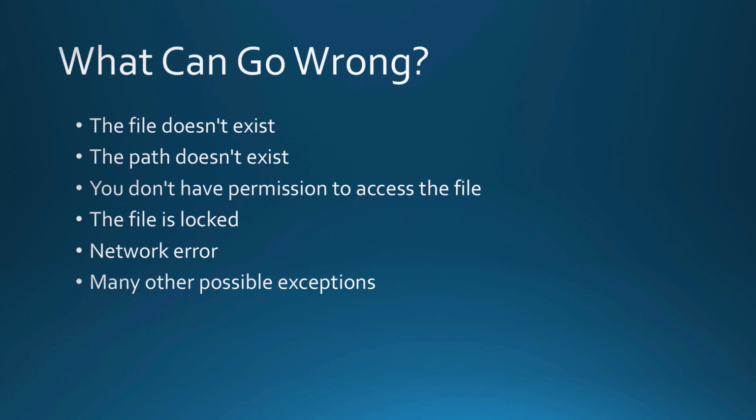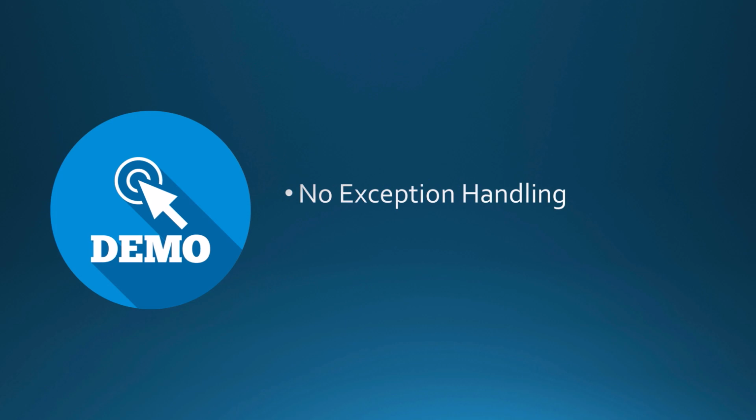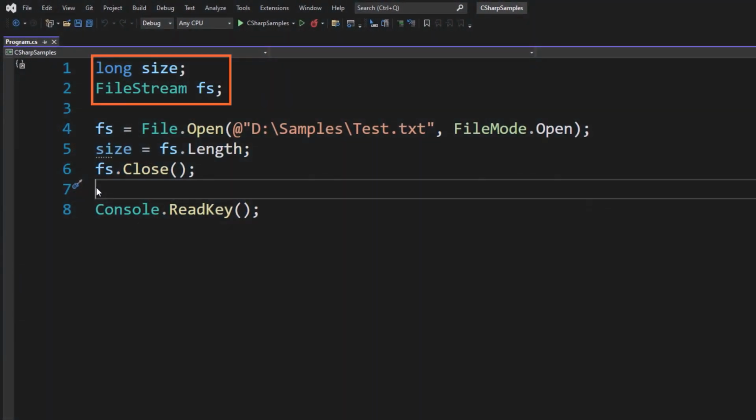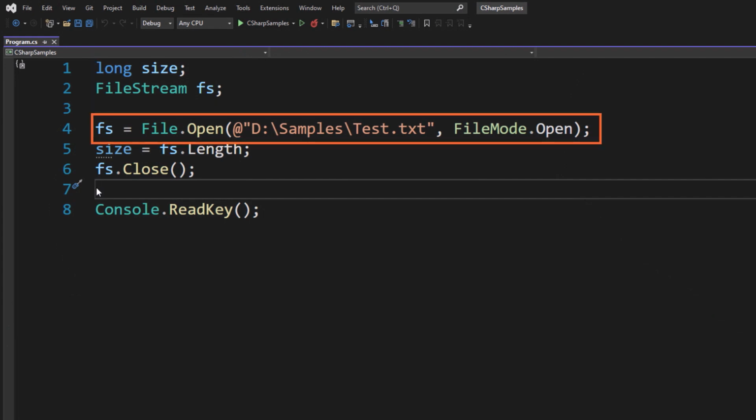Let's find out what happens by default when there is no exception handling in our C# code. Here's the code we just saw on the slide, where I have a long variable called size and a file stream called fs. I do fs equals File.Open, and then I pass in a verbatim string, so I can simply use one backslash.